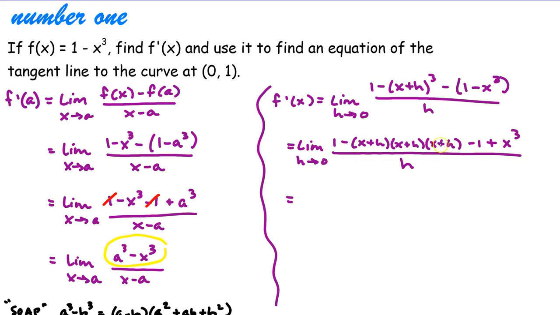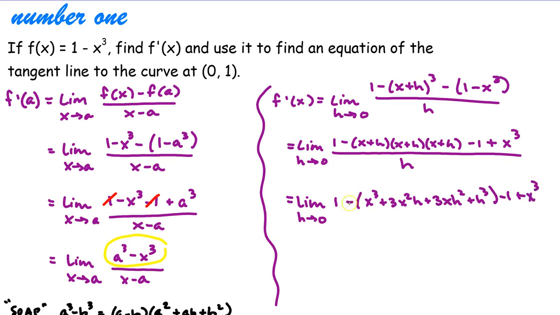There is a shortcut for that. It's using Pascal's triangle, but if you never learned it or you don't remember it, then you're just going to go through the motions of multiplying all that out. And what you should get when you multiply those 3 together would be x cubed plus 3x squared h plus 3x h squared plus h cubed.